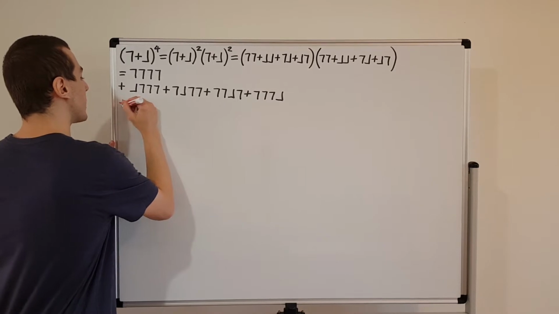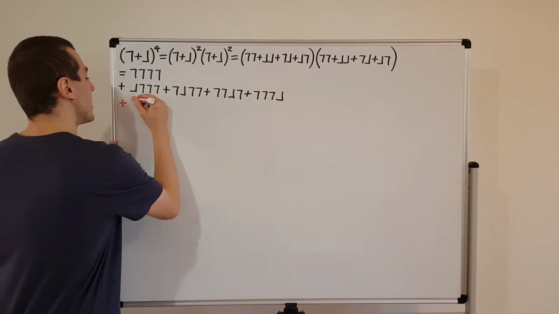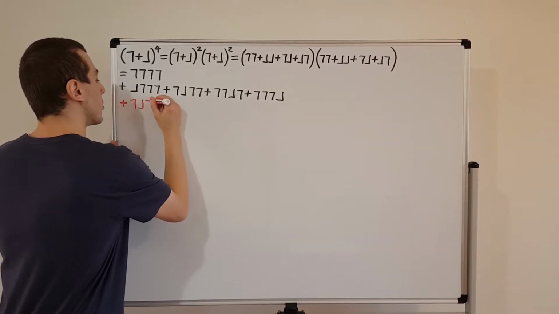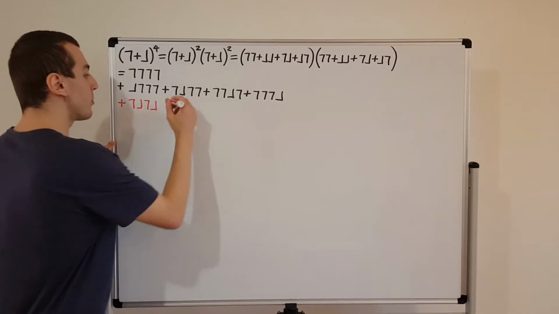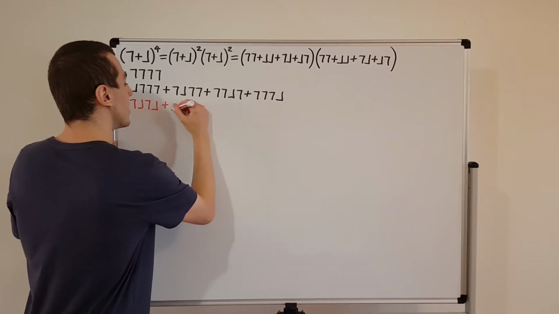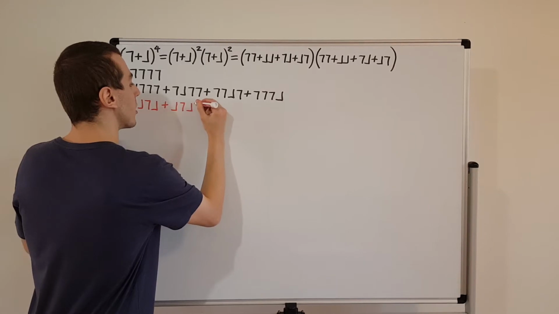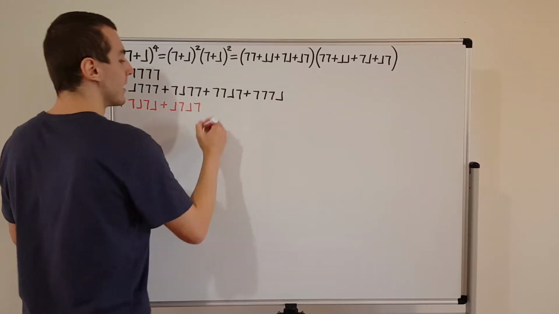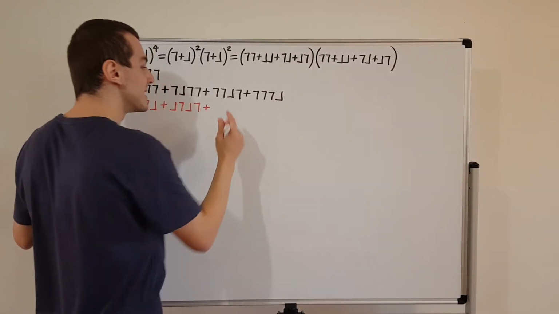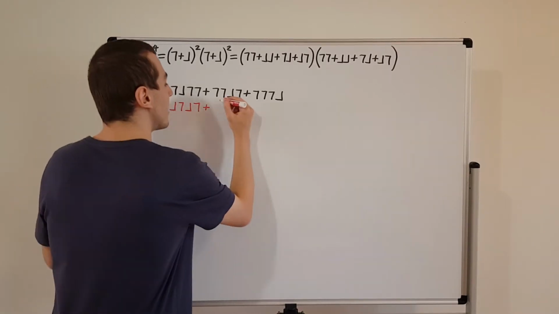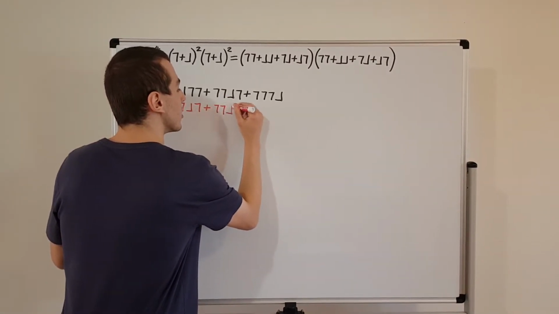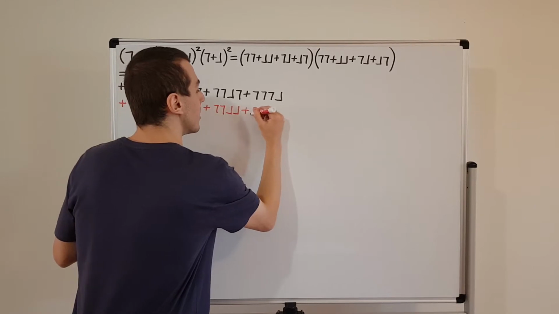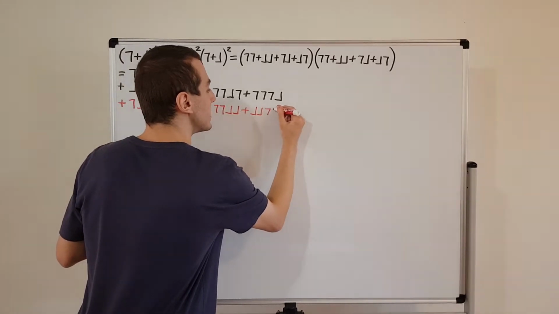The first term I'm going to write has an alternating pattern. So we have raise, lower, raise, lower. Now we can flip all of these, and that's going to give us lower, raise, lower, raise. And then the next pair is going to consist of 2 pairs, where we have raise, raise, lower, lower, and then lower, lower, raise, raise.